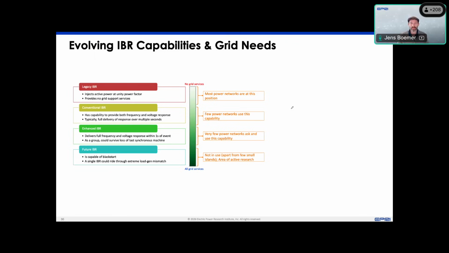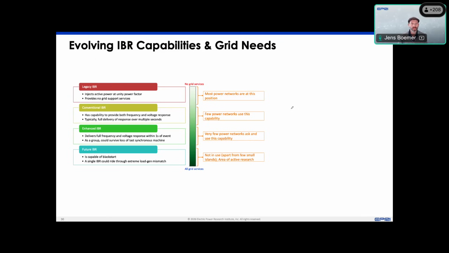In the end, this is really a spectrum of different capabilities, and it's difficult to draw any lines or put boxes around certain types of IBRs. But one way that here at EPRI we look at these things is thinking about legacy IBRs that may have capability to inject active power, but do not have capability to provide any grid support services.